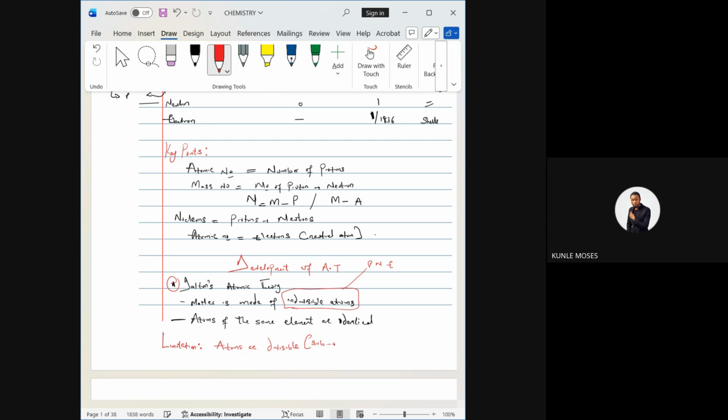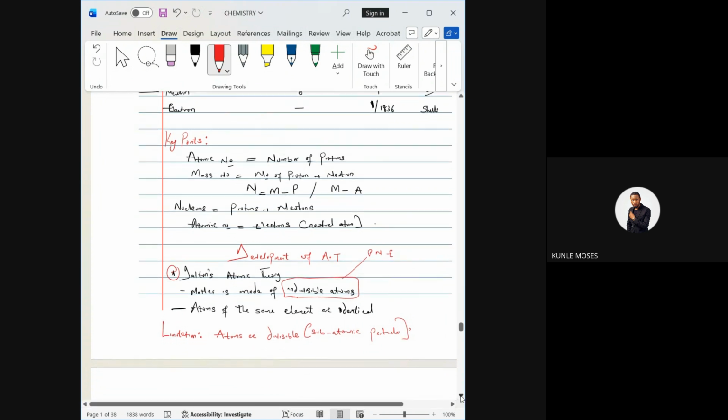In case they ask you which theory has the limitation of indivisible atoms, you should know that it is Dalton's atomic theory. Are we clear with Dalton's atomic theory?